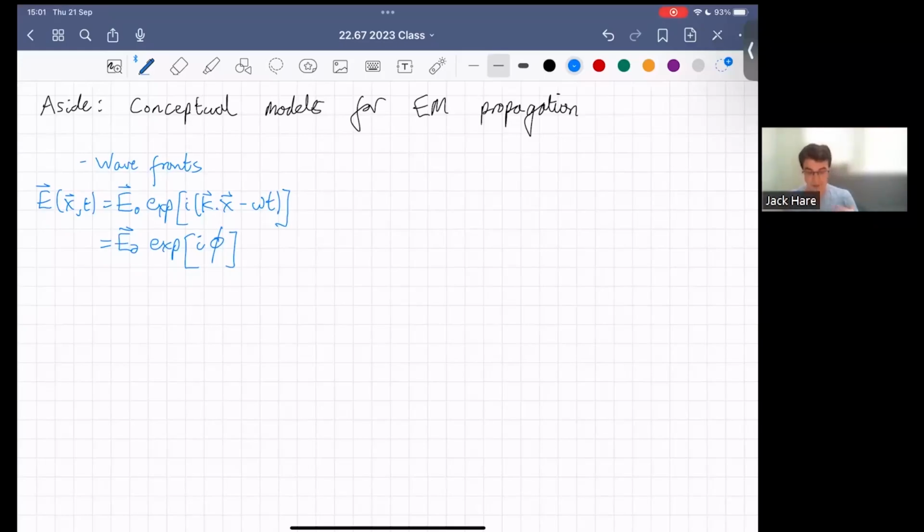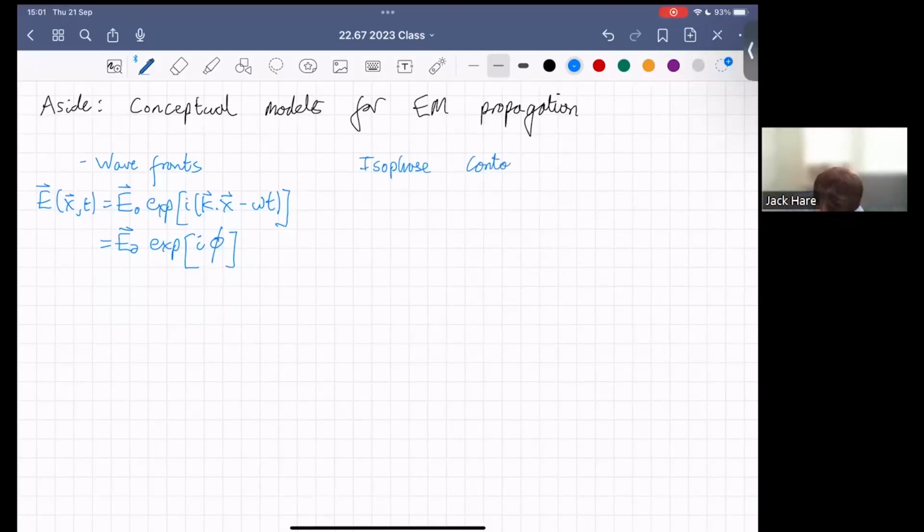If we think of our electromagnetic wave as having a phase, then the electromagnetic wave still exists in all places at all points in time. But that's a very difficult thing for me to sketch on my iPad or on the board in front of you. So what I'll probably end up sketching are what we call isophase contours.